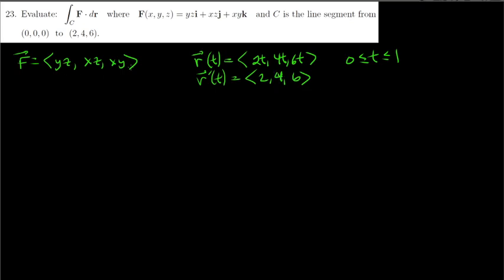Right, but do we need to parameterize this at all? Is this vector field conservative? Well, let's check. Take the curl, and if we get 0, then we can use the fundamental theorem of line integrals.